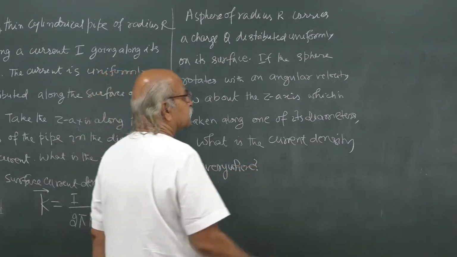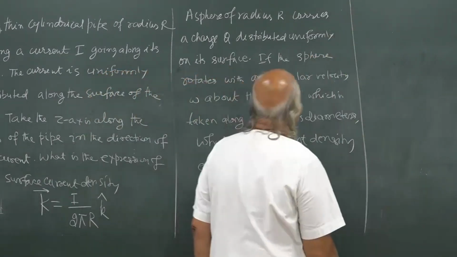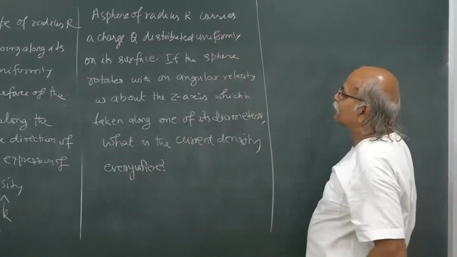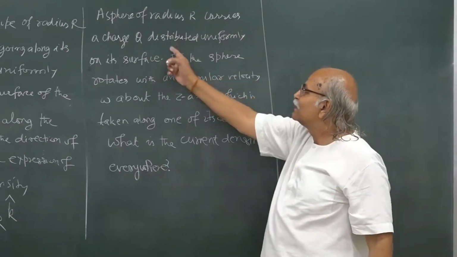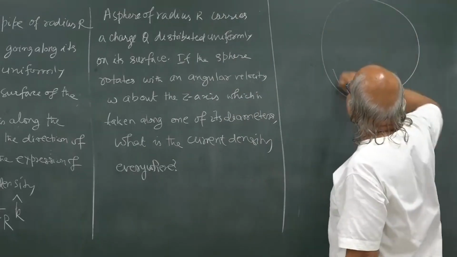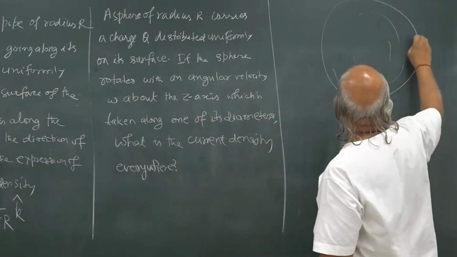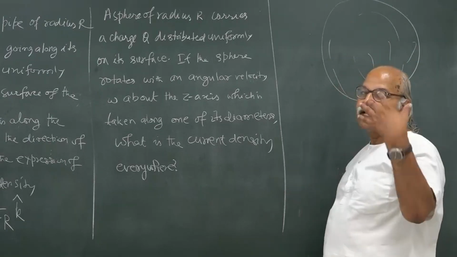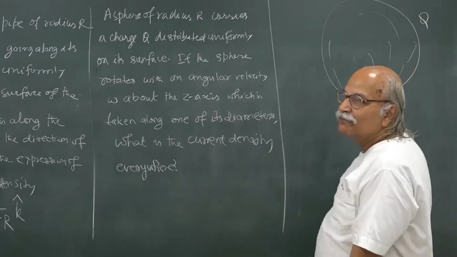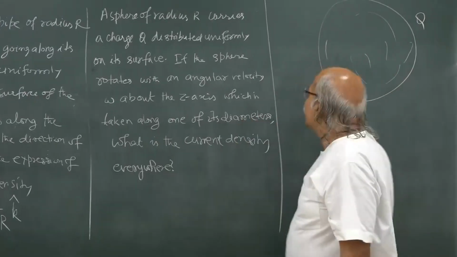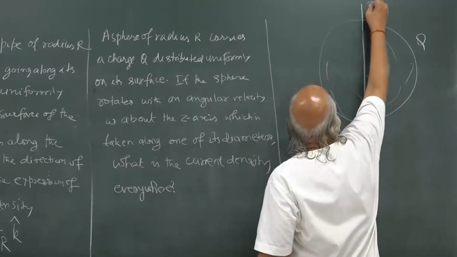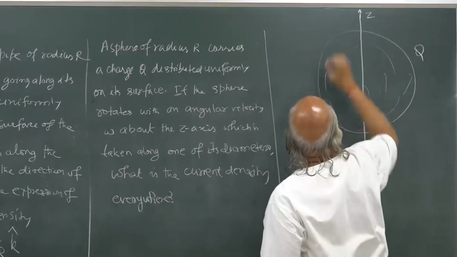So, that is the question. You have a sphere of radius capital R carrying a charge capital Q distributed uniformly on its surface. So, on the surface of this sphere, that 4 pi capital R square area, a total charge Q is distributed uniformly. Then this is rotating about one of its diameters, which is taken as the z axis.